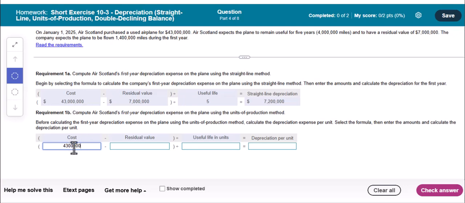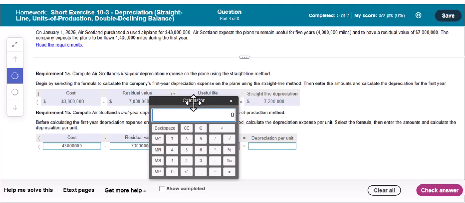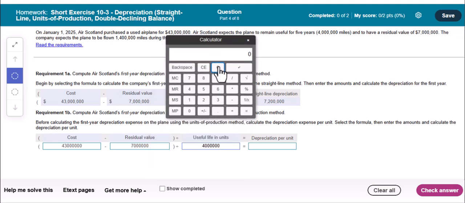And then we'll just go ahead and get the same computation here for the beginning. The cost was that 43 million. The residual value again, 7 million. And this time it's the useful life in units, which is that 4 million miles. And then let's go ahead and get our calculator open. So 43 million minus 7 million equals 36 million.